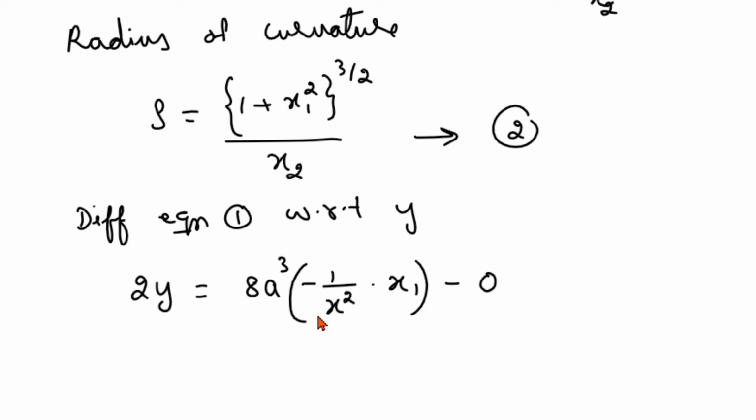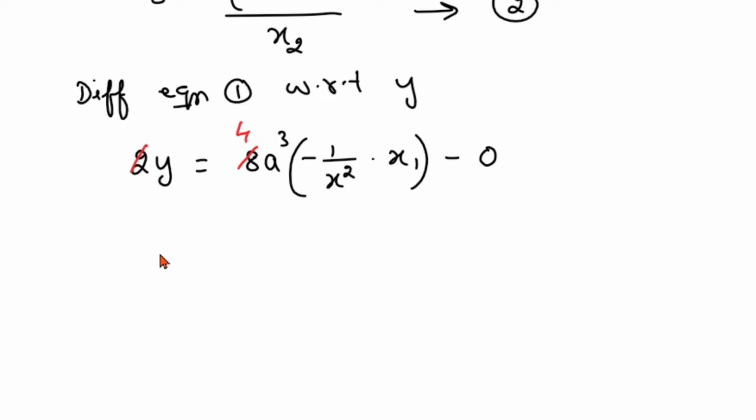From here I need to find the value of x1. Just cancel out the 2 and 4. To find the value of x1, you can cross multiply. You get x1 equals x squared y divided by minus 4a cubed. The minus sign stays as it is, so x1 equals minus x squared y divided by 4a cubed.